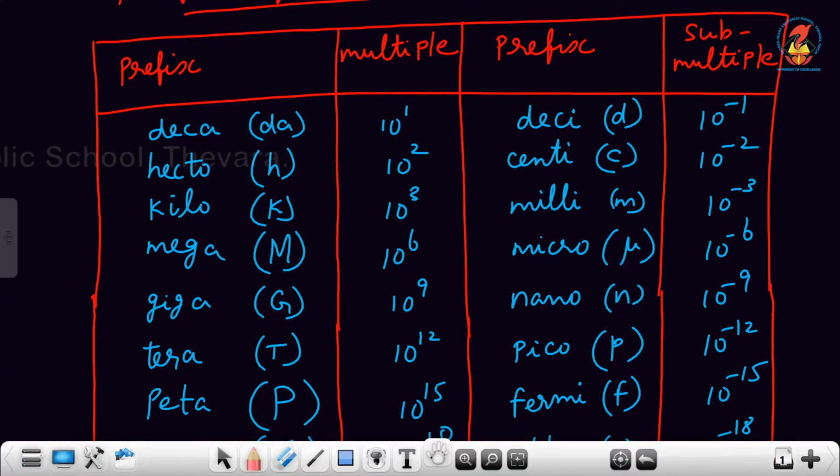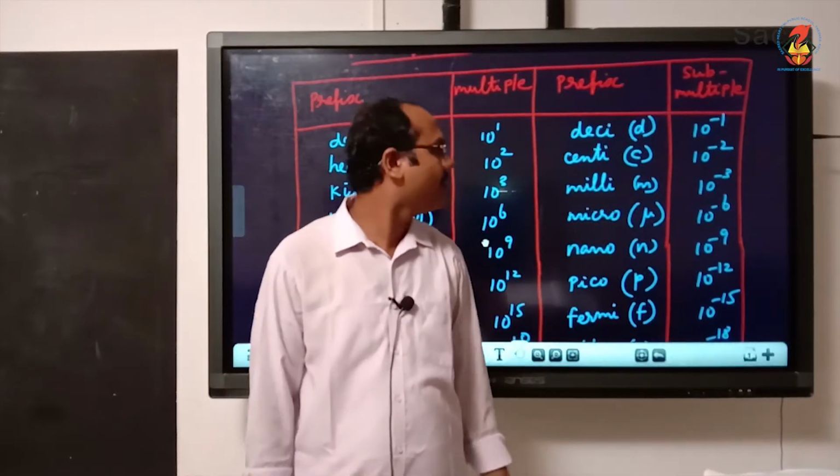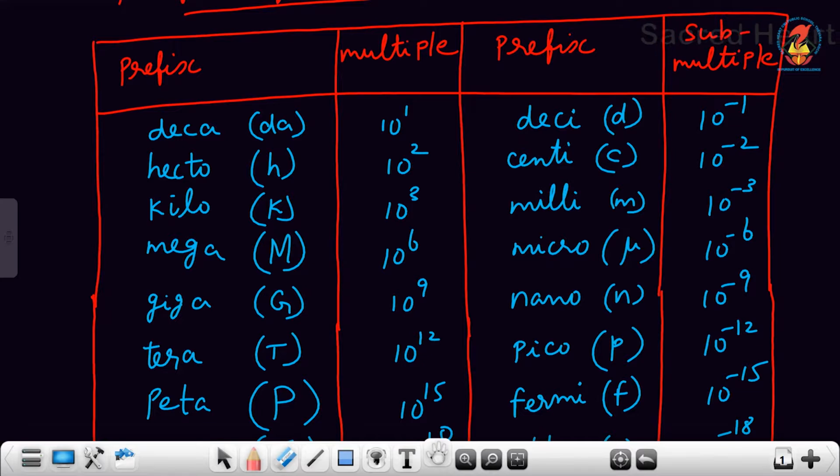So centi, 10 raised to minus 2. Milli, 10 raised to minus 3. So example, to convert millimeter to meter, multiply with 10 raised to minus 3. The fourth one is micro. The letter is mu, M-U, mu. It is 10 raised to minus 6.